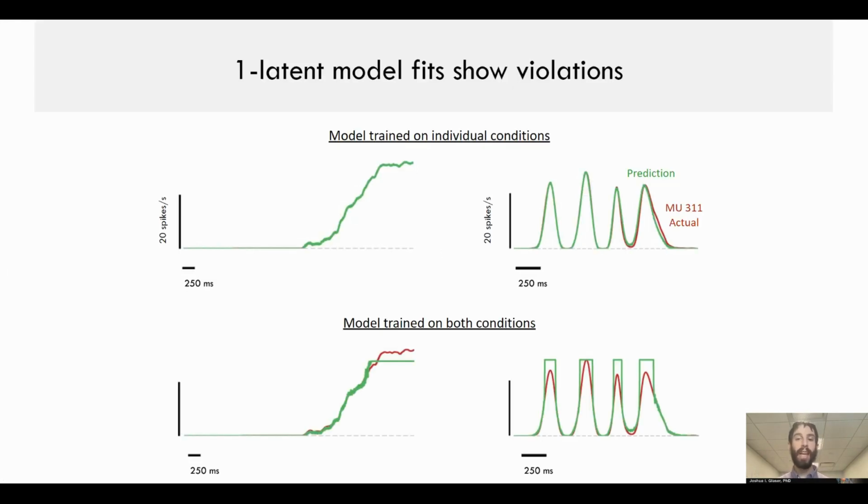However, when we fit to both conditions together, we get exactly what we'd expect: we undershoot on the left and overshoot on the right, because a one latent model that can explain this data would ultimately need to have lower activity on the left than on the right for this red motor unit. So it does the best it can possibly do to fit this data, but it still can't explain it perfectly well. Again, this supports in this example that this one latent model representing rigid control can't explain our data.